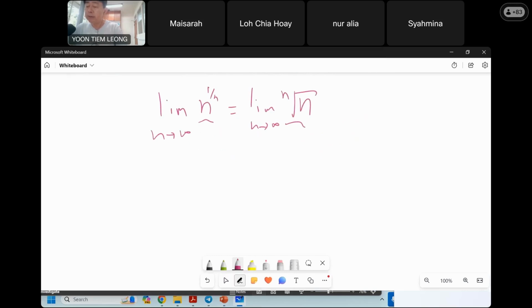To calculate this one, first we have to find a function f(x) such that f at n is equal to a_n. Here, a_n is the terms in the sequence, which is n raised to the power of 1 over n.